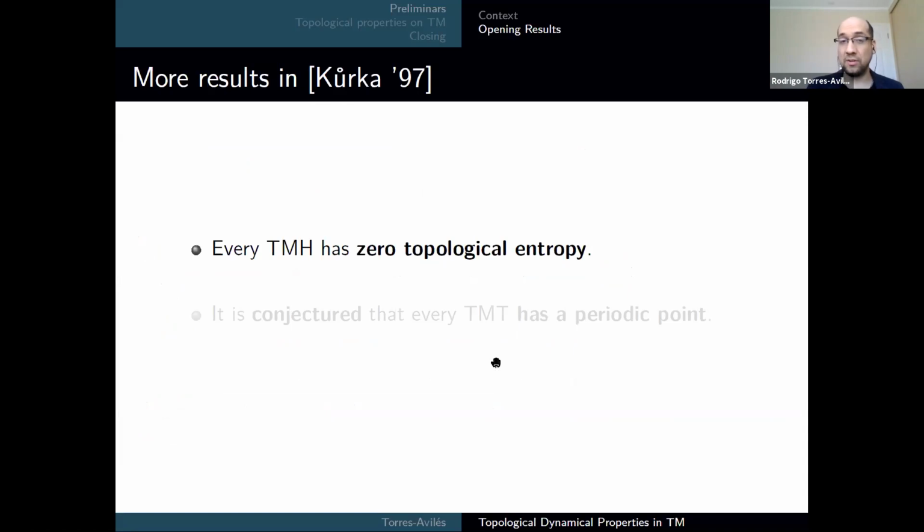Also, more interesting results are that TMH has zero topological entropy, and it was conjectured that TMT cannot be aperiodic, or every TMT has a periodic point, or, if we use the same word that was used in the first talk of this session, every Turing machine has at least one weakly periodic point.